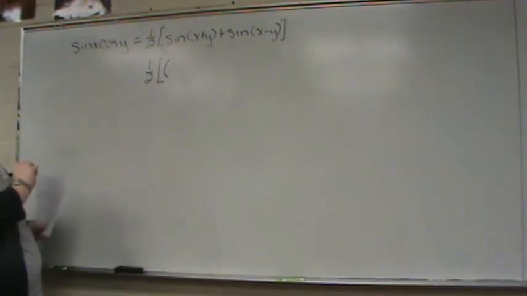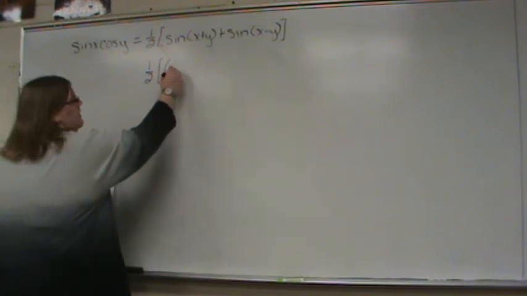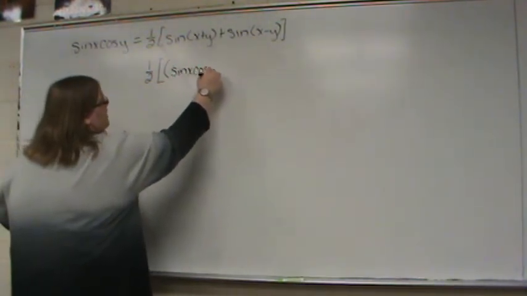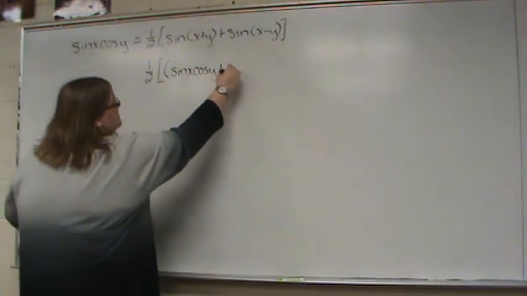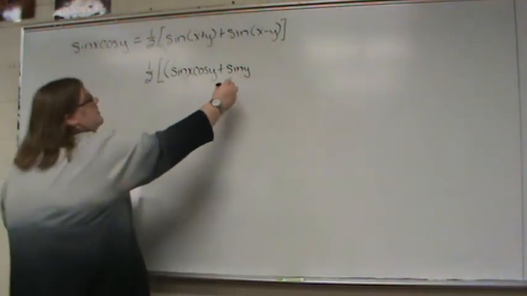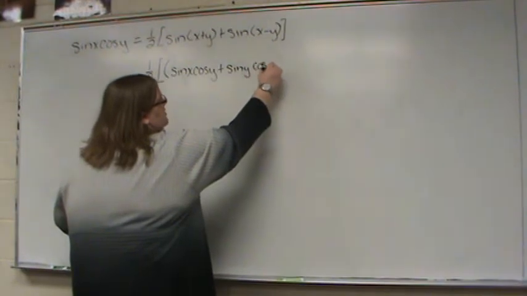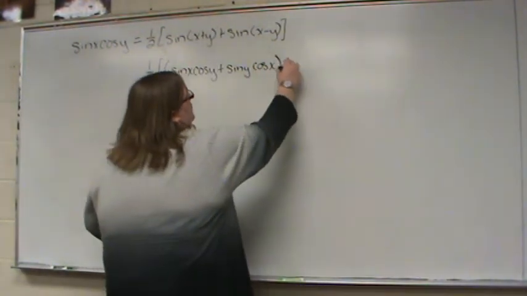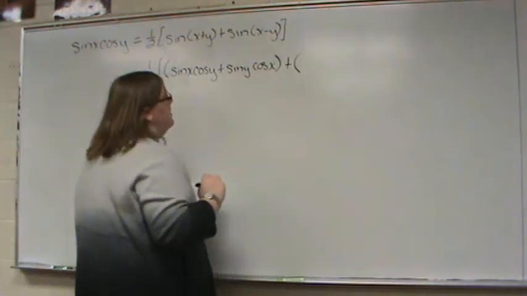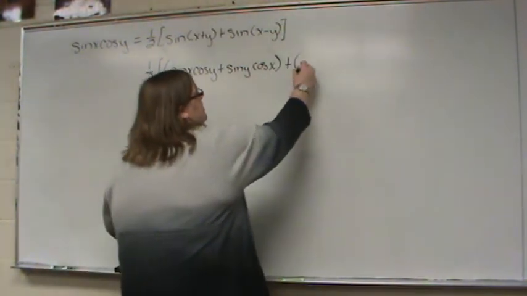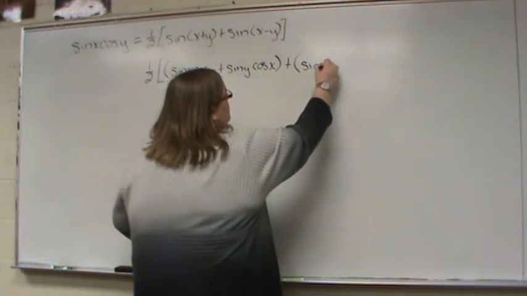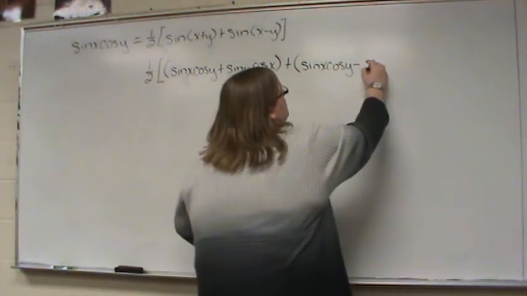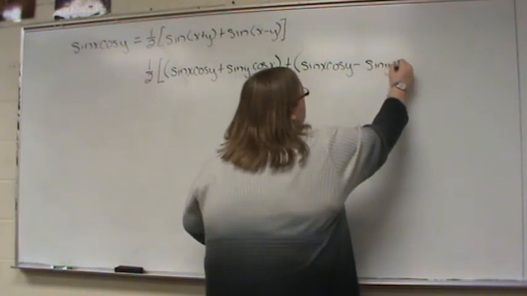So expanding out the sine addition, you get sine x cosine y plus sine y cosine x. And then we're adding that to the subtraction identity, which says sine x cosine y minus sine y cosine x.